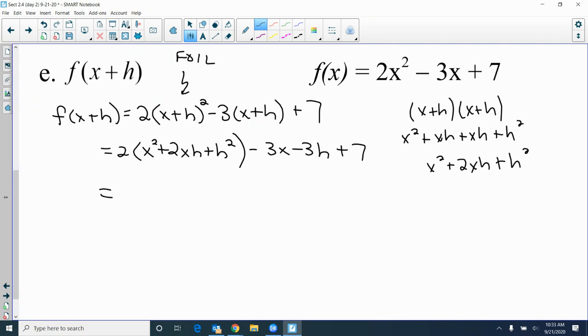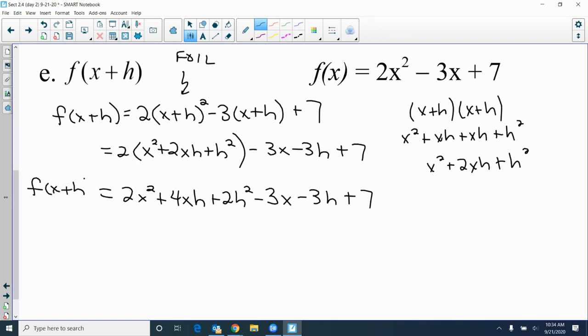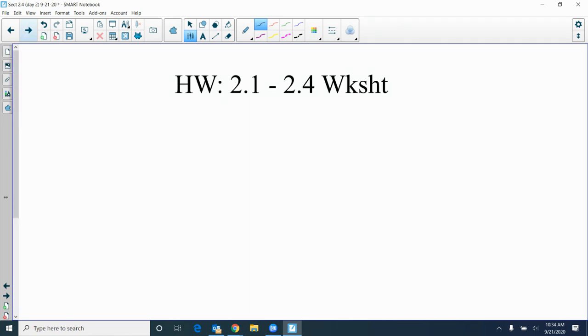And so I end up with 2x squared plus 4xh plus 2h squared minus 3x minus 3h plus 7. All right, now are there any like terms? No, you can leave it. That's fine. You don't really need to rearrange anything for this one. If you did, it would be fine, but that's your answer. All right, that's the extent of 2-4.